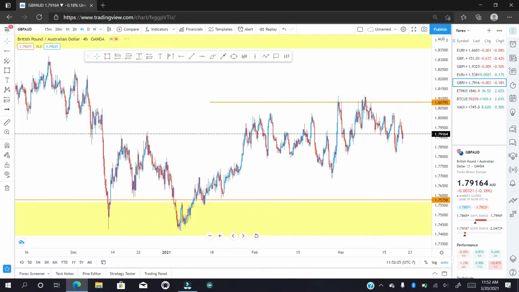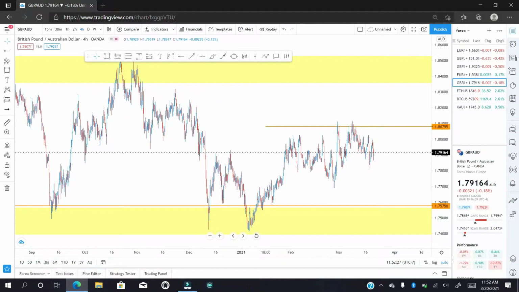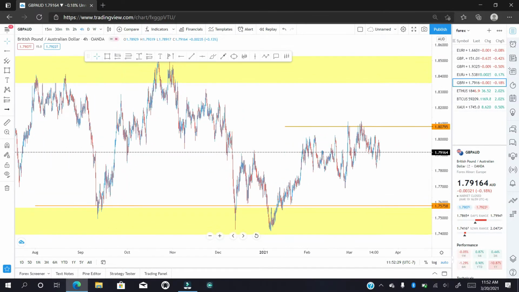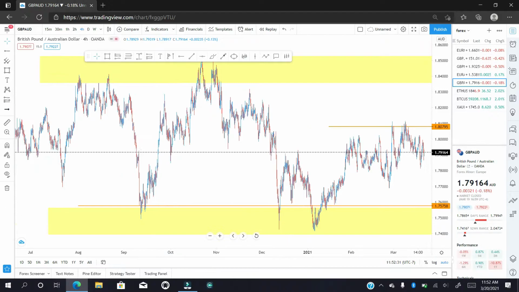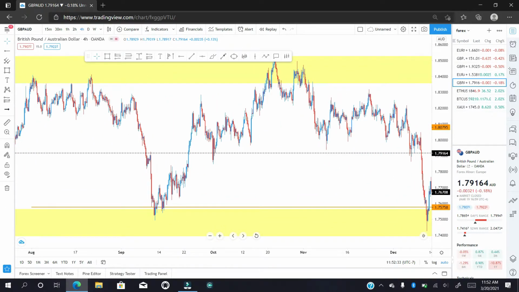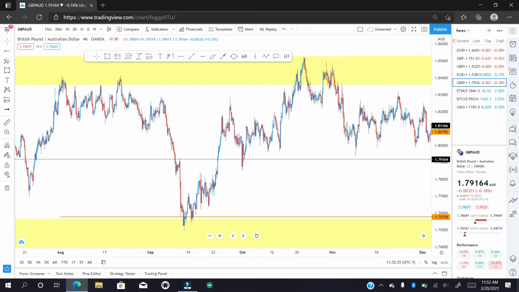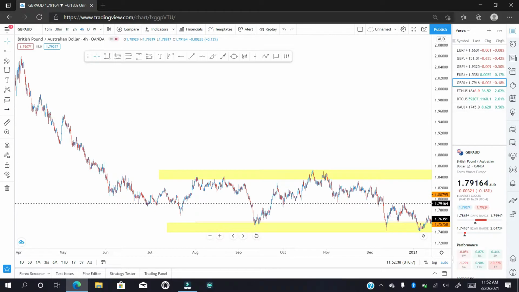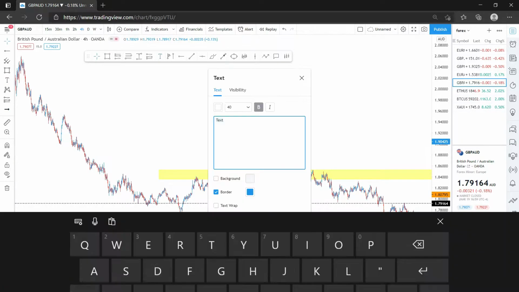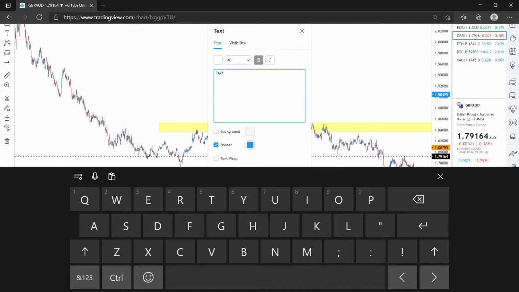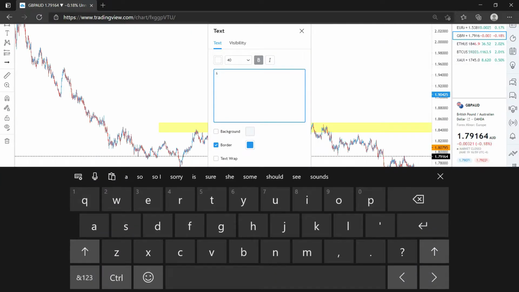Okay, so as you can see, we are on the 4 hour time frame now, so here each candlestick is 4 hours. Let me label it for you.